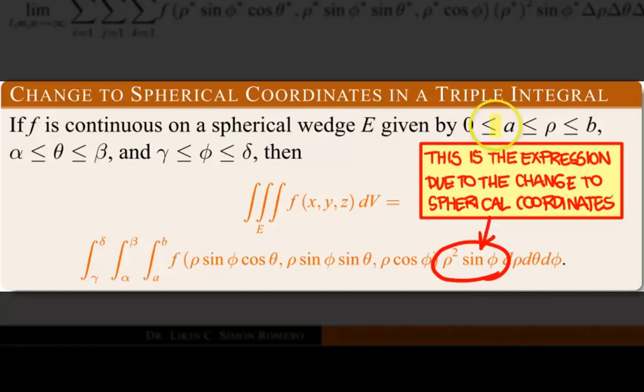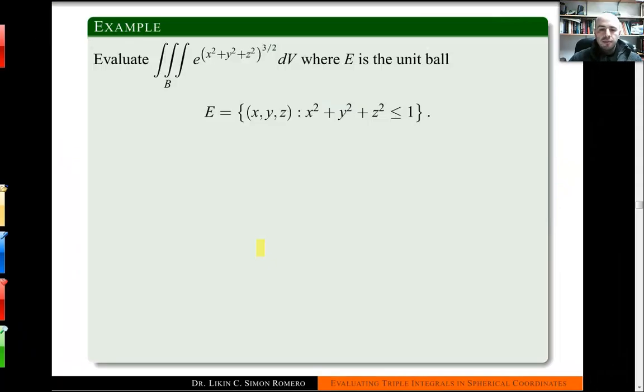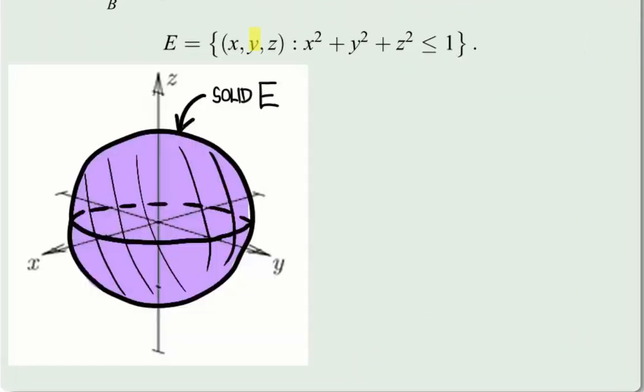Now notice that this is in a spherical wedge. In other words, a spherical wedge is a particular solid such that rho goes from a number to a number, theta goes from a number to a number, and phi goes from a number to a number. Let me give you an example. A unit ball is actually a spherical wedge. Why?